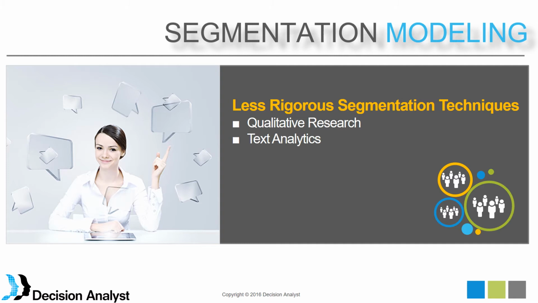The next less rigorous segmentation technique is text analytics. And you may be thinking, well, I thought text analytics was fairly rigorous. As a technique, yeah, it is, and it's gaining a lot of traction in many areas in market research. The way that we've seen it applied to segmentation, though, is a little bit different.